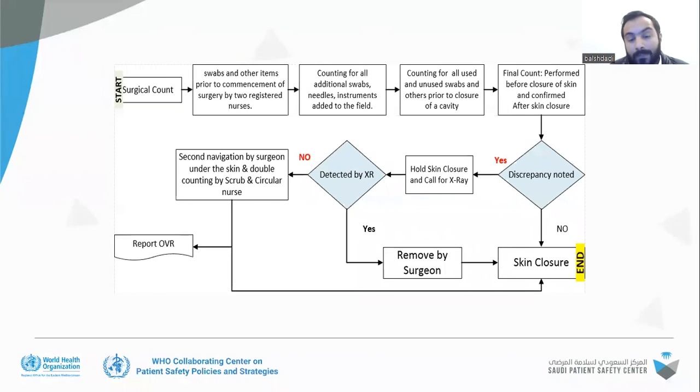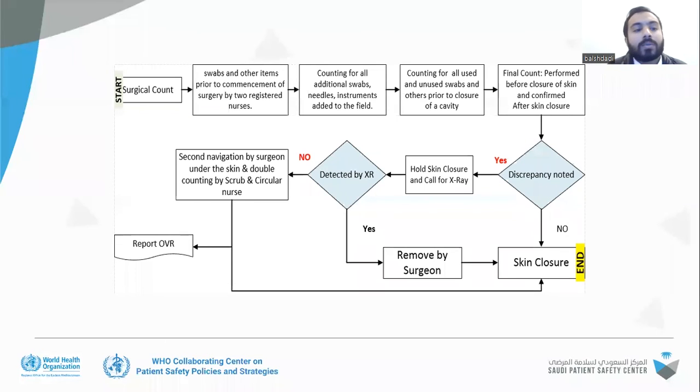So what we discussed, the case, it was a real case, and this was the real flow chart. They have it, or the checklist, for whatever surgery they do. So the first thing here is to look at the process. Are there any missing steps in the process or not?